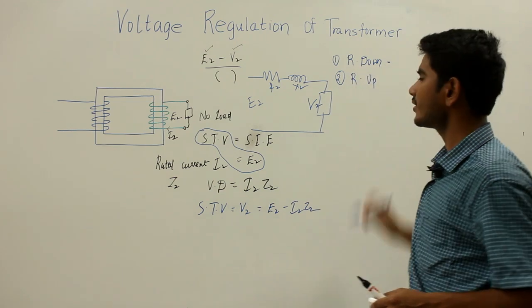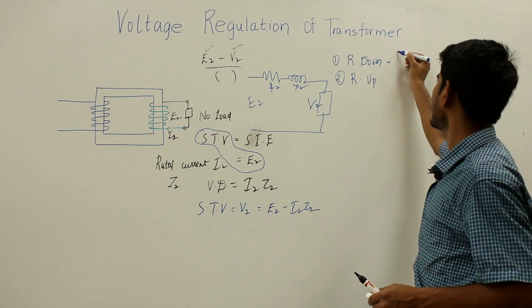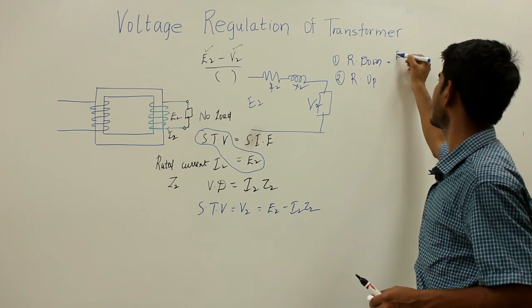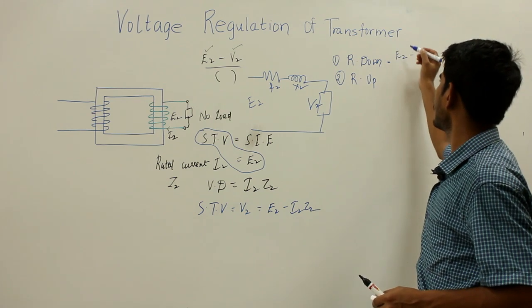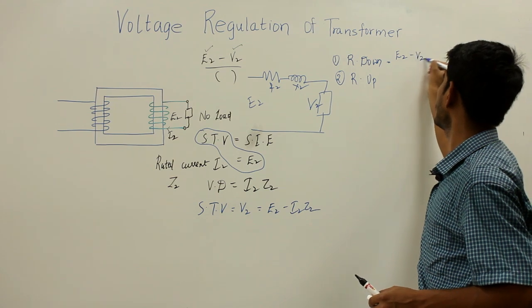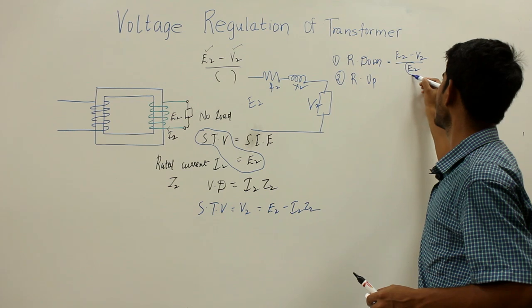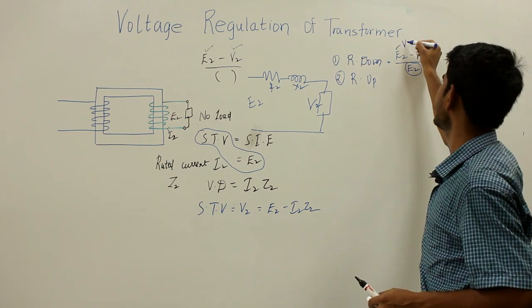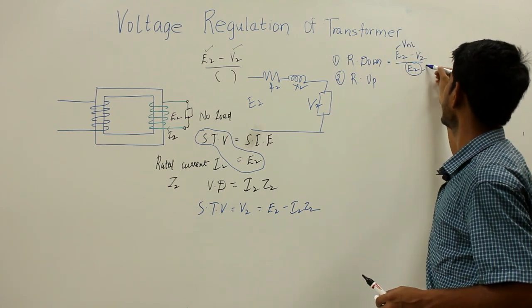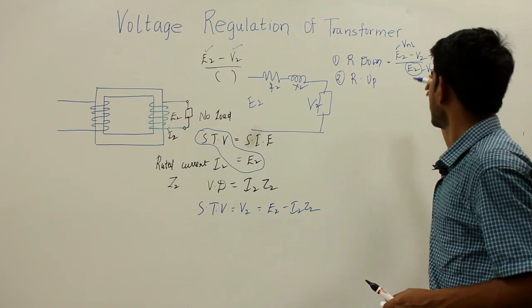The regulation down is given by the percentage of voltage difference between the no load voltage and the load voltage upon the no load voltage, that is, (E2 minus V2) over E2, where E2 is the no load voltage.